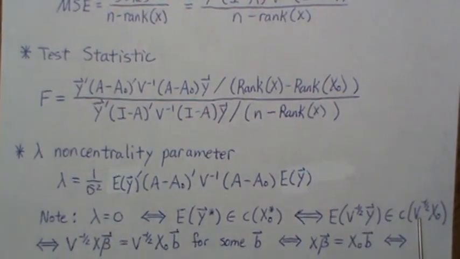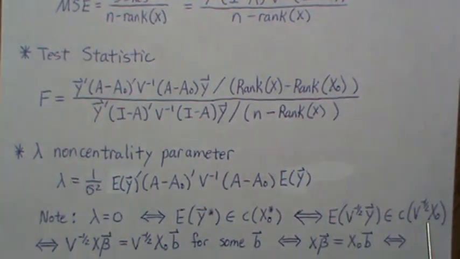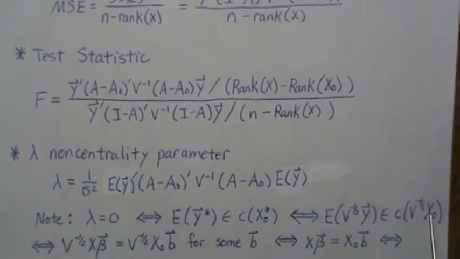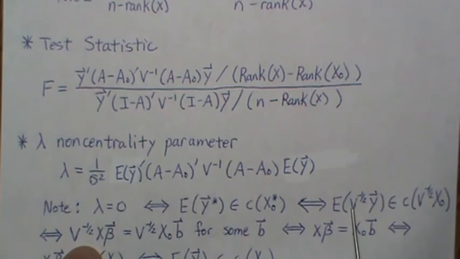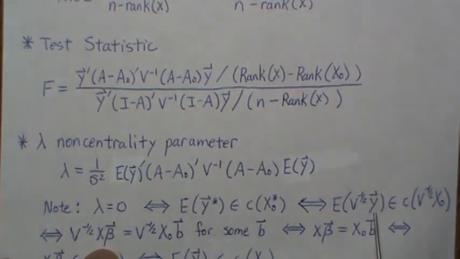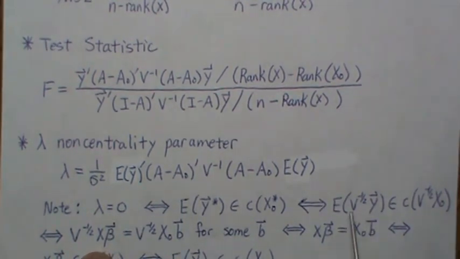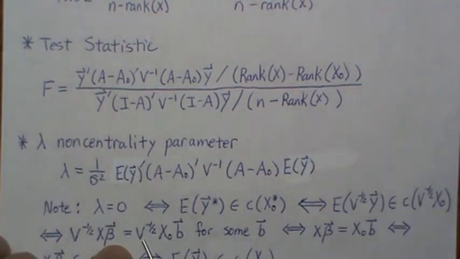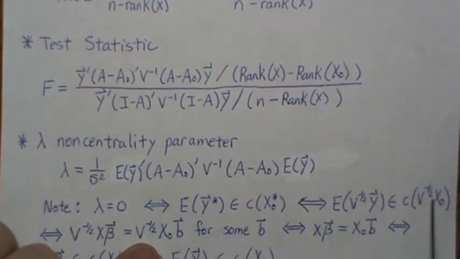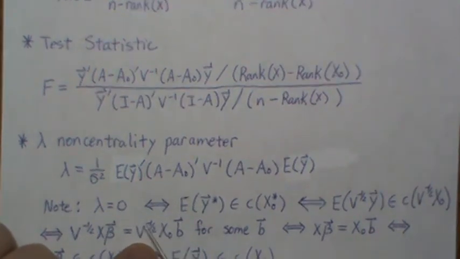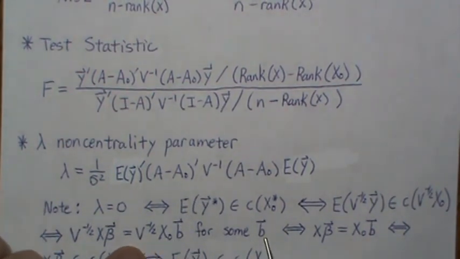Now if this is in the column space of X, we can write it as a linear combination of this. And so V to the -1/2 times the expected value of Y is X beta. Then it can be written as a linear combination of this, so we get B times its vector, for some vector.